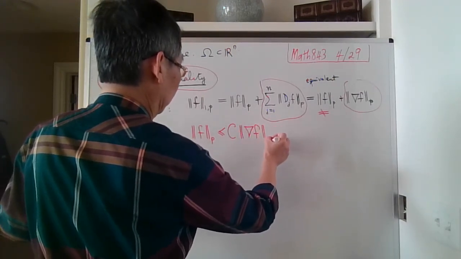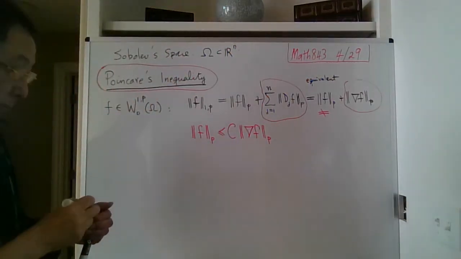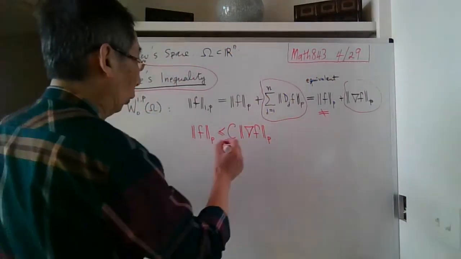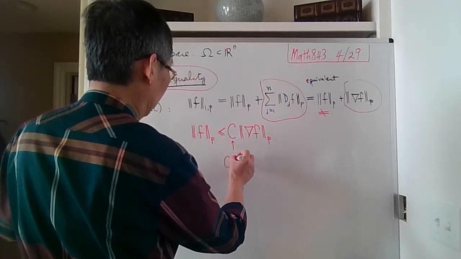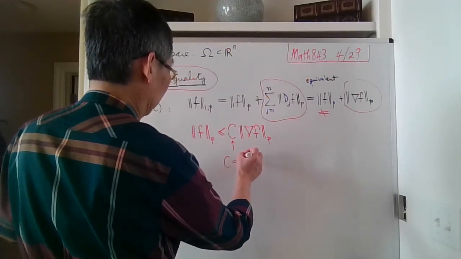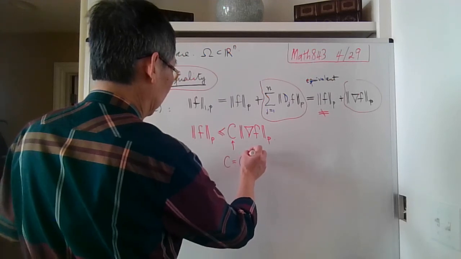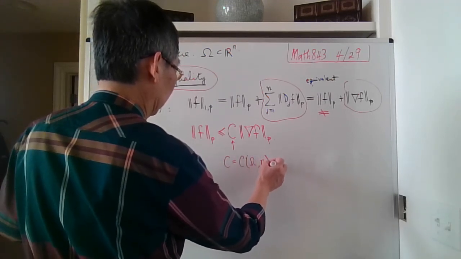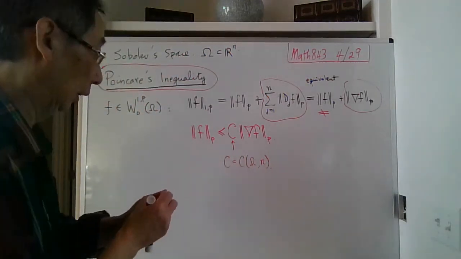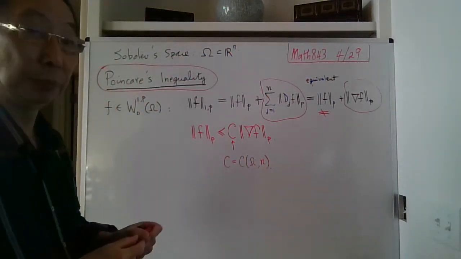And this constant C depends on Ω, and also depends on n. We're going to see later how this constant depends on Ω.